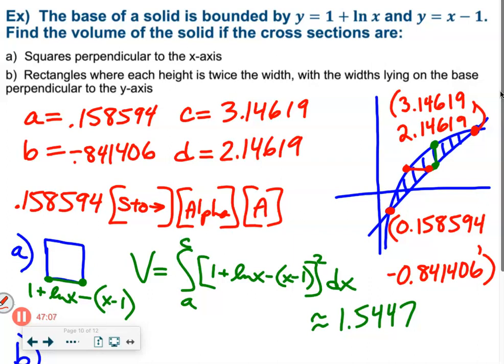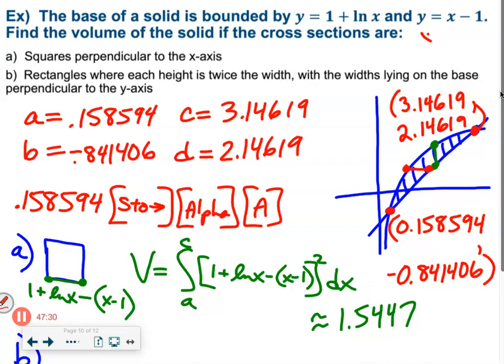So we're going to find the width of our rectangle, right minus left. And then the height is going to be twice the width. Remember, volume is the integral of the area of that rectangle. However, right minus left means we need to solve these functions for x, right? Because we're now a dy.